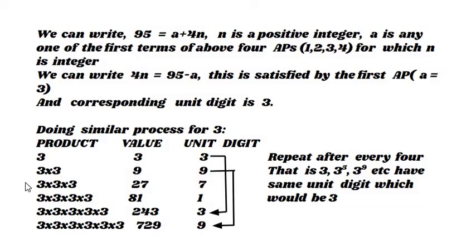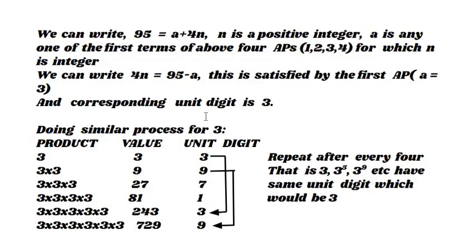Now here we are repeating the same process for 3 raised to the power 58, as we were given in this question. I found that the unit digit of 7 raised to the power 95 is 3.